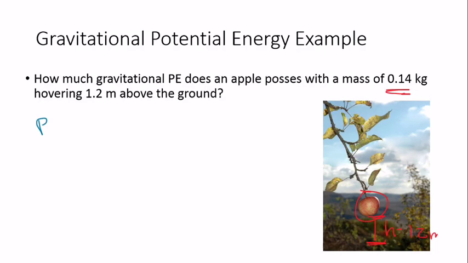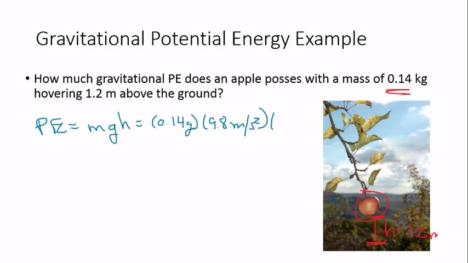So potential energy is equal to mass times the acceleration due to gravity times the height, which in this case is 0.14 kilograms times g, 9.8 meters per second squared, times h, which is 1.2 meters.